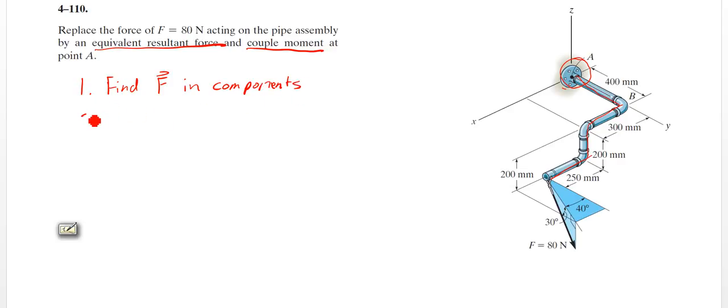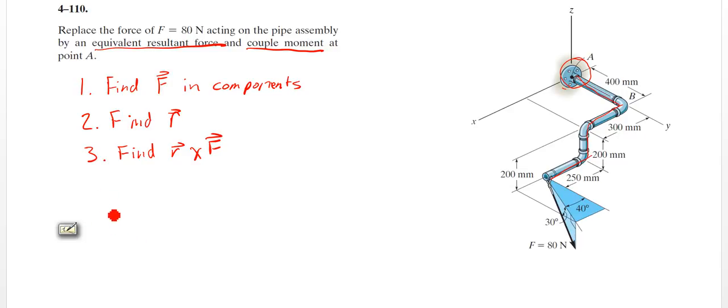Then we will find R, the position vector R from A to that point where the force is located. And then finally we'll find R cross F.